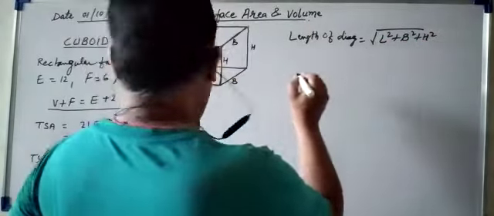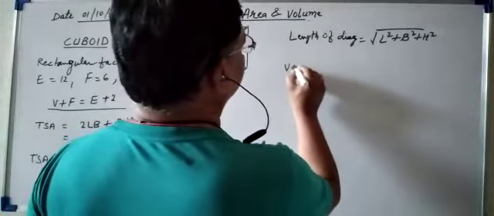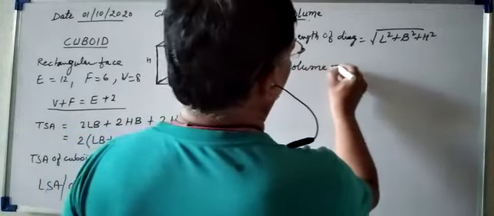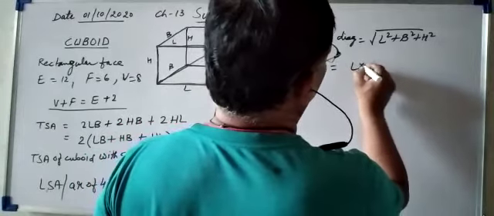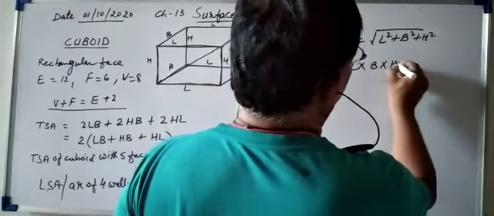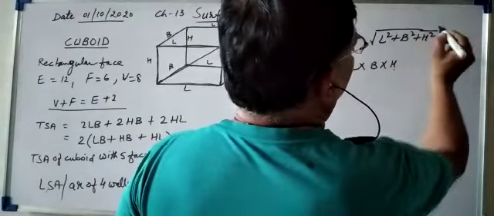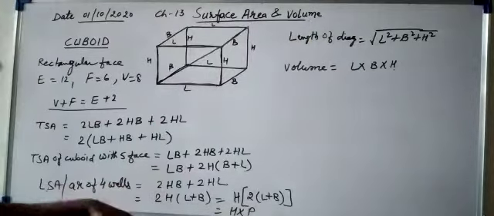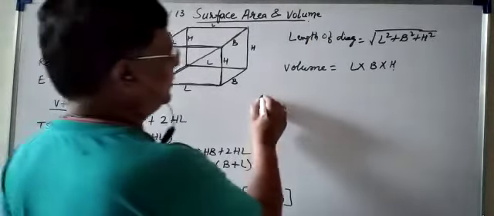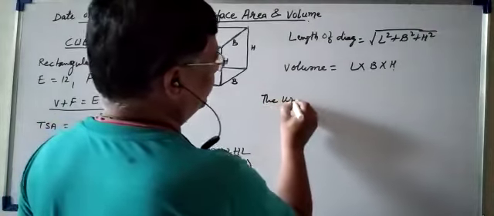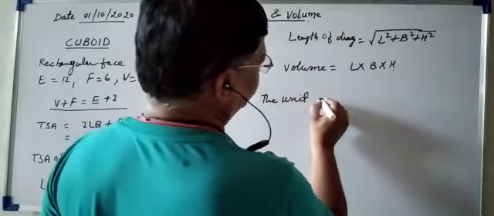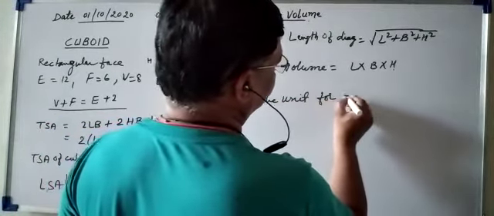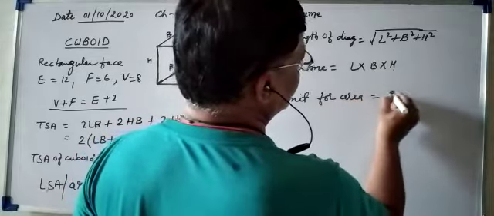Now we have volume. Volume is length into breadth into height. For all the areas which we are finding, the unit for area is square unit.